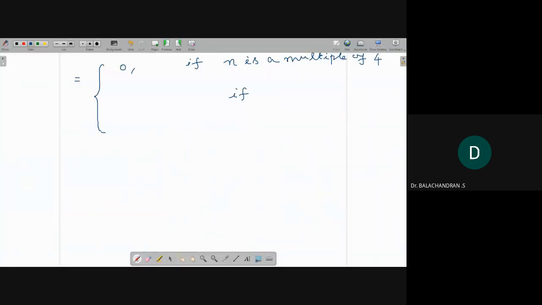When n is odd, everything is 0. 2, 6, 10. N is a multiple of 4, then it is also 0. So what is the remaining possibility?